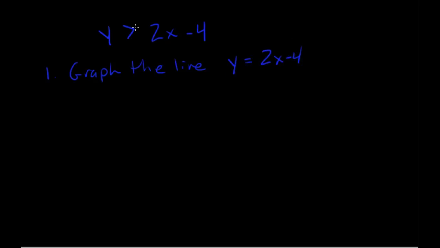Now we look at the inequality symbol. This is going to be a dashed line. Let's see if I can repeat what I did before and draw a pretty good XY axis, marking 1 through 6 in each direction.